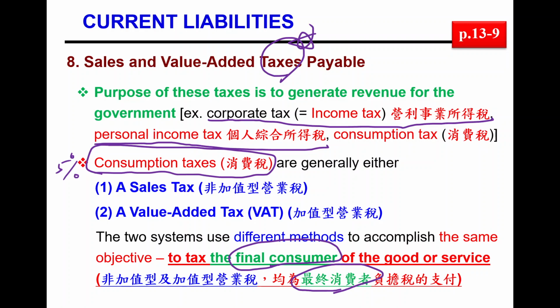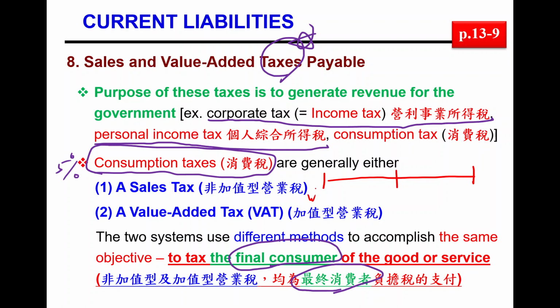At that moment, the government takes their 5% tax. So for sales tax, the government could wait until that moment. What's the moment? The consumer buys the product or service.